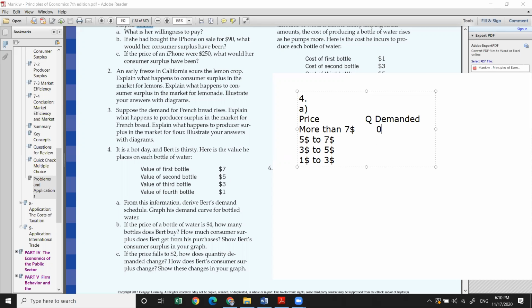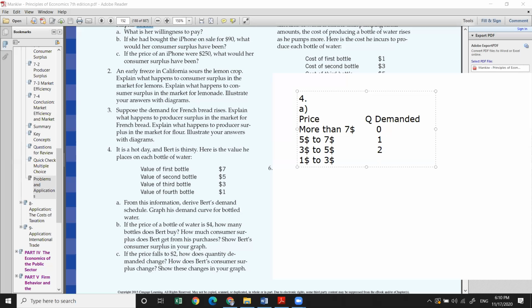So if the price goes from $5 to $7, he will buy 1 bottle. Then the value of the second bottle is $5, and if the price is below that, he will buy the second bottle.